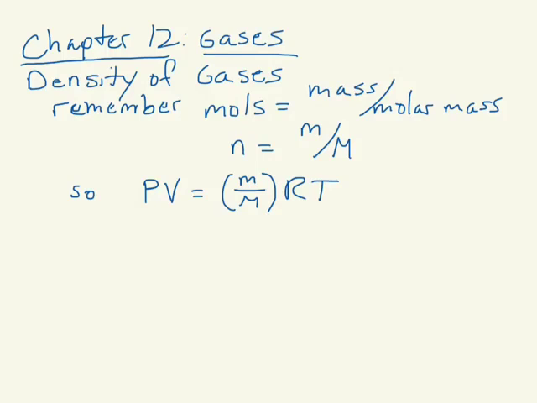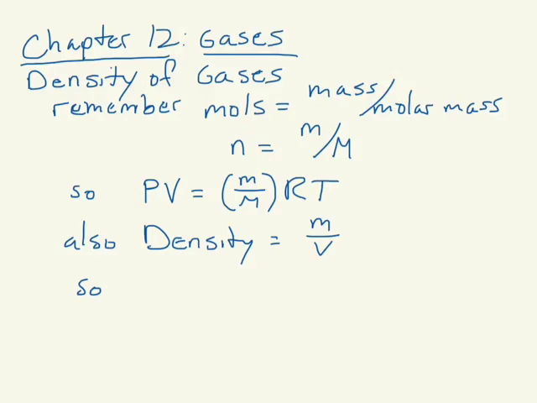Alright, since we're also talking about density, you should know the density formula. Density is equal to mass over volume. So now we have another relationship with mass in it. We can substitute these variables into our equation as well.